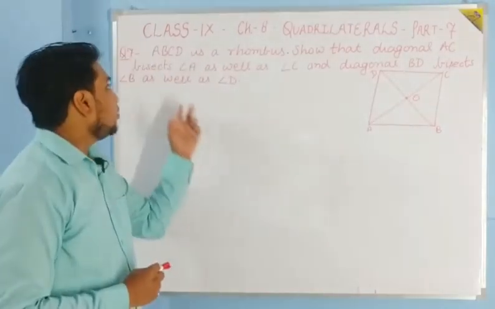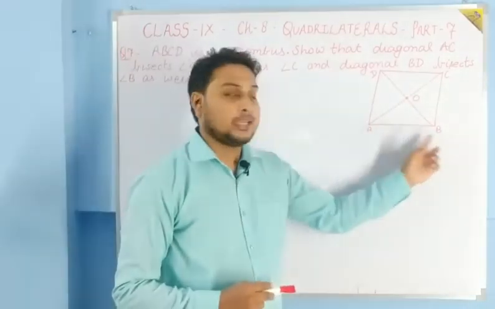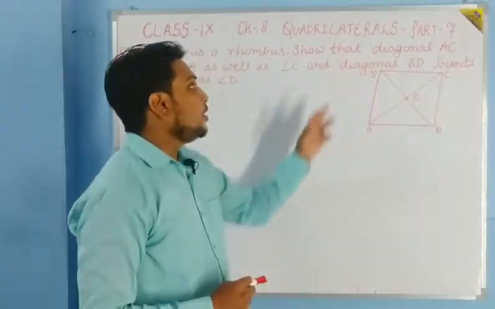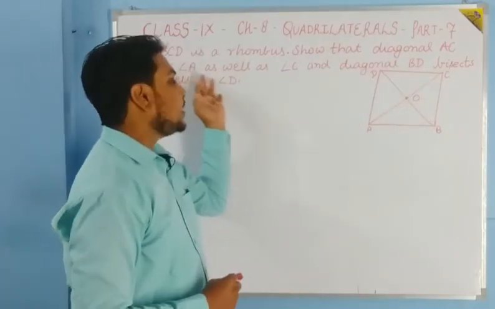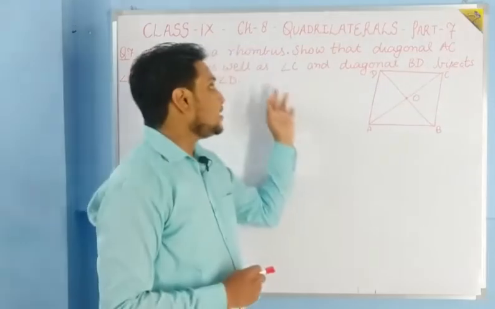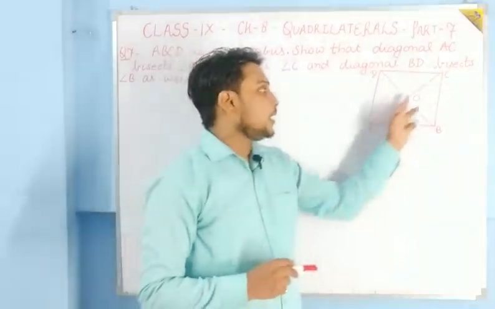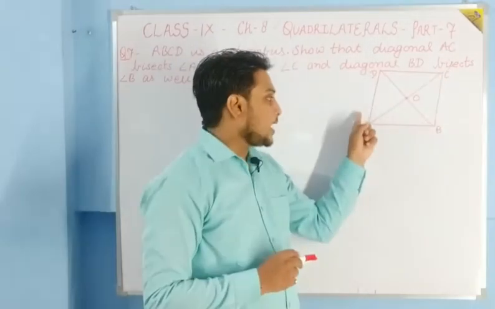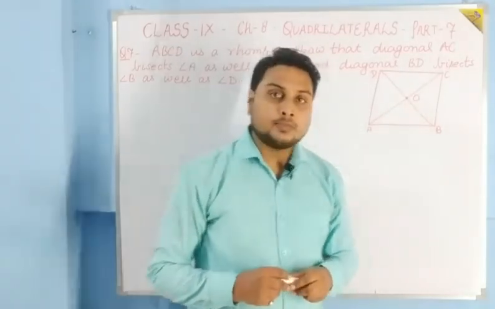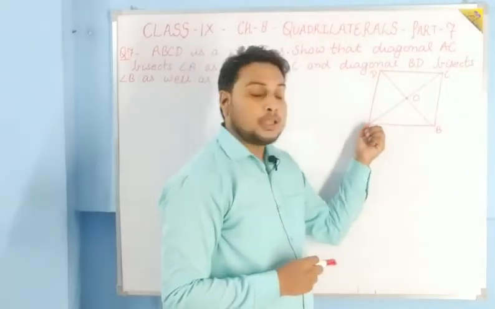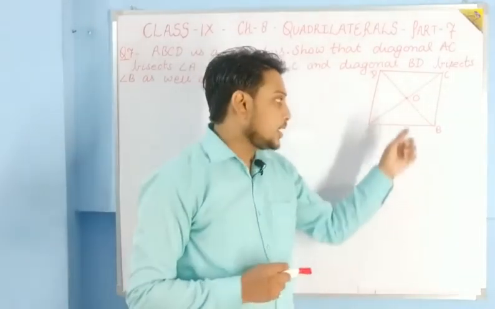Students, the question is: ABCD is a rhombus. See, it is given that this ABCD is a rhombus. We have to show that the diagonal AC bisects angle A as well as angle C. Bisecting angle A means that angle A should be divided into two equal parts by this diagonal.